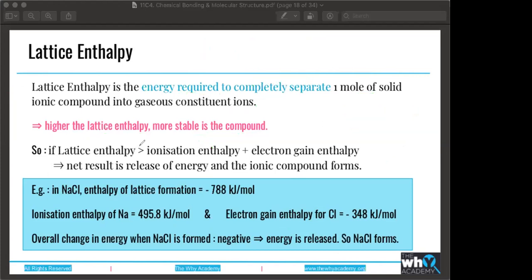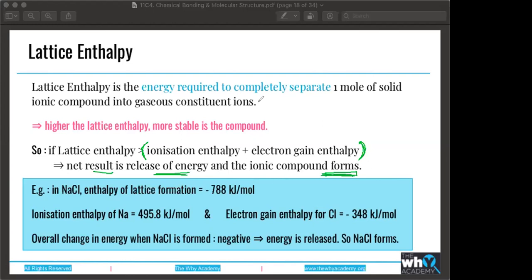If lattice enthalpy is greater than ionization plus electron gain enthalpies, then the net result is release of energy, and the ionic compound forms. And if it's the other way around, energy is absorbed, right?